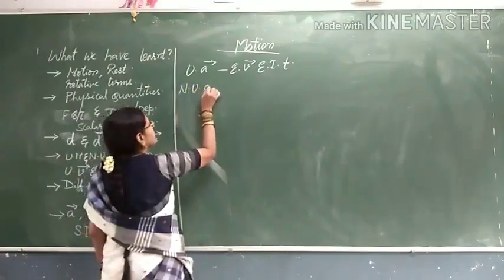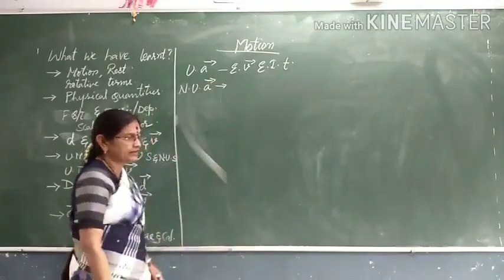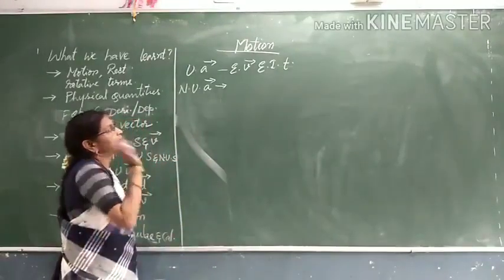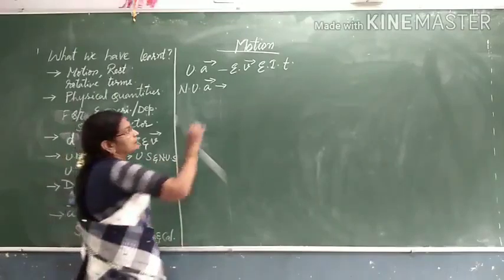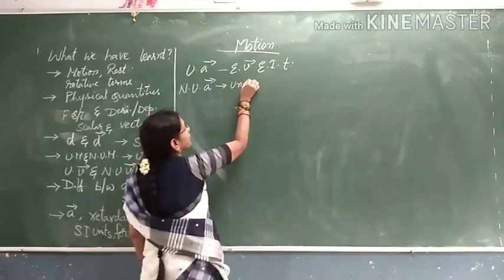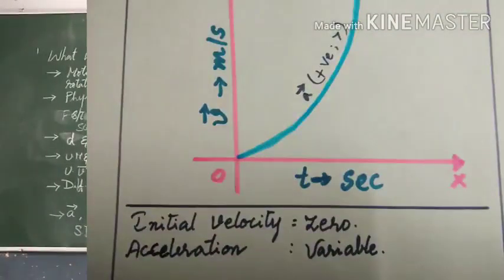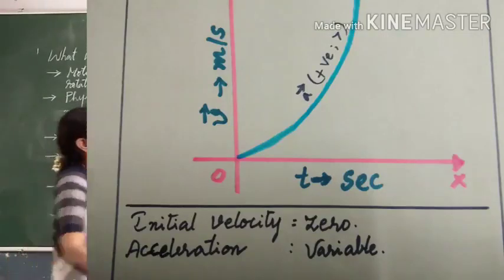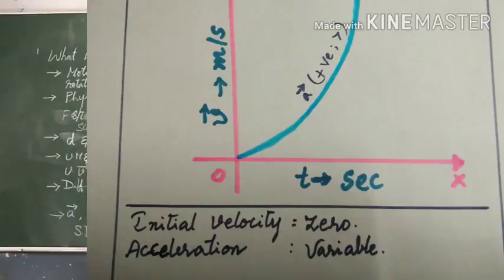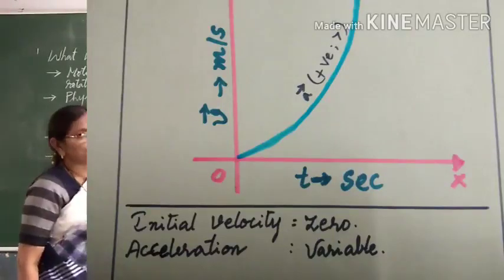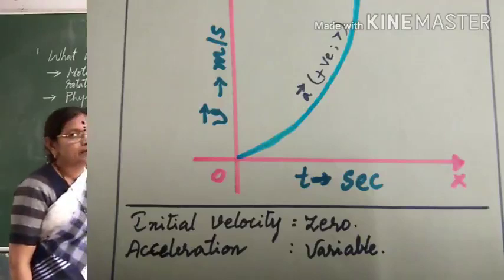Now, non-uniform acceleration. When a body is going with increasing velocity only, but is covering unequal velocities in equal intervals of time, or vice versa, that means in unequal intervals of time it is going with equal velocity, then also it is called non-uniform acceleration or variable acceleration.